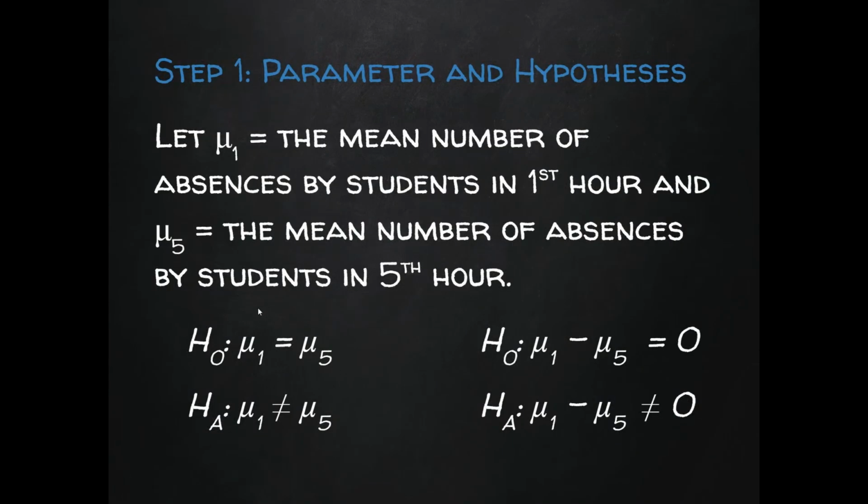We could first say that mu 1 equals mu 5, and for the alternative, mu 1 does not equal mu 5. Or we could set it up as a subtraction hypothesis. Mu 1 minus mu 5 equals 0, and mu 1 minus mu 5 does not equal 0. Either way is fine. Just note that this right-hand side with the differences is how the calculations are done.